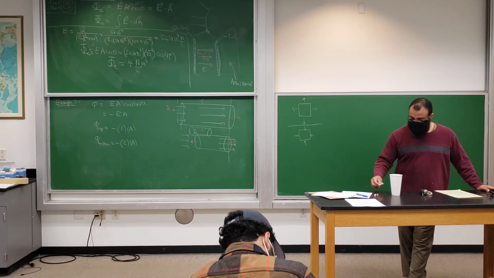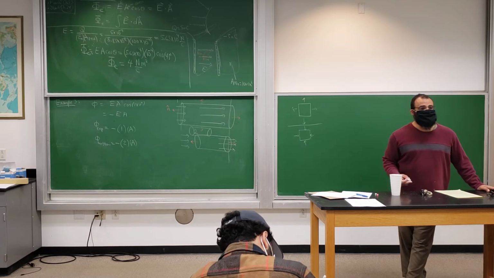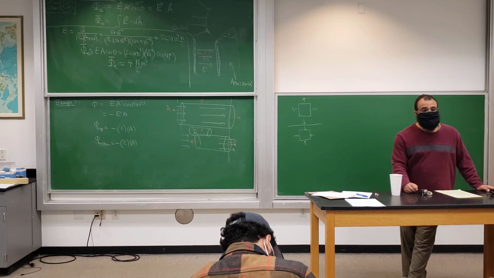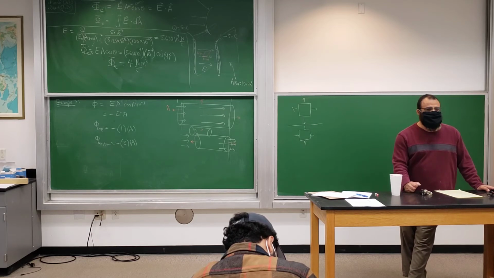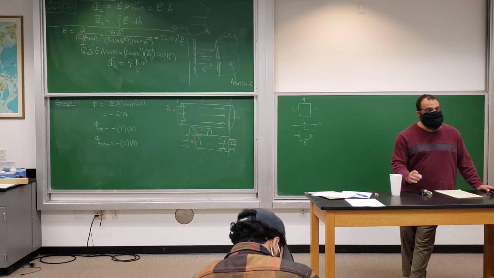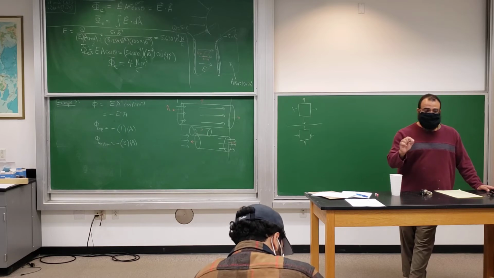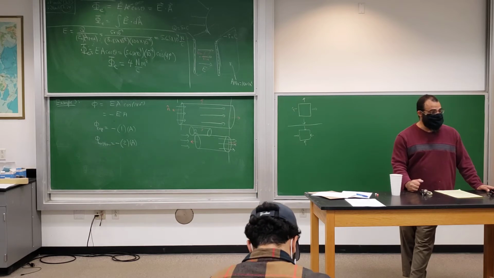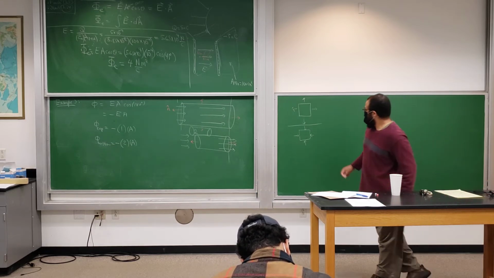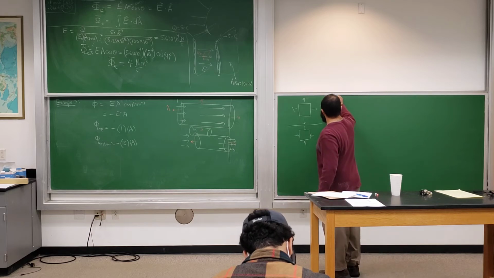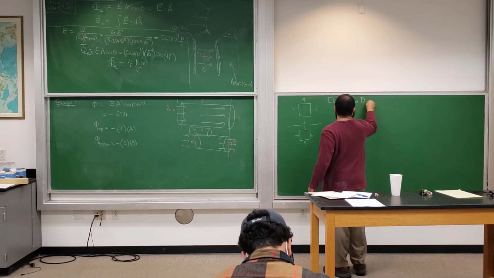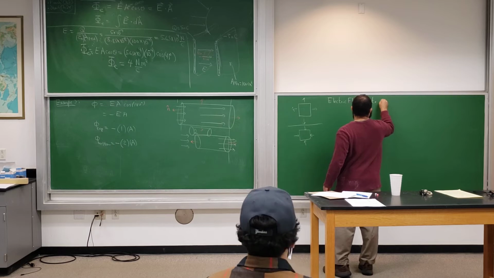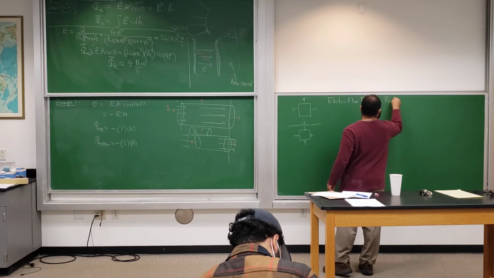Now Gauss's law takes advantage of some symmetry. So let's calculate the electric flux due to a point charge and see what it is. That would be the key.